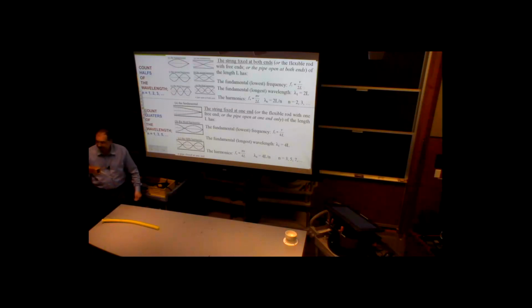What do you think is this? Open or closed? There's a piston right here, so it is closed at one end. People say closed, but they mean at one end, and the second end is free. You just have to generate the sound inside.